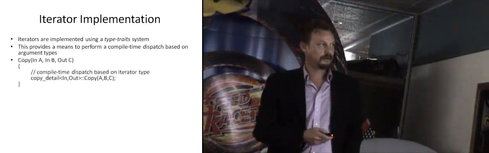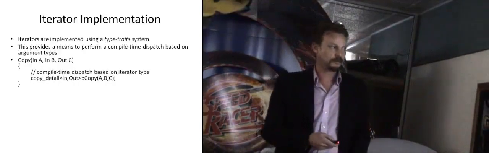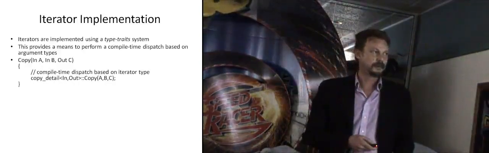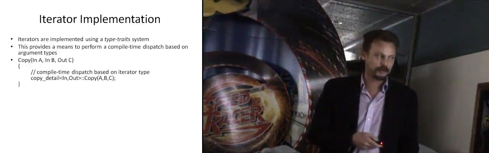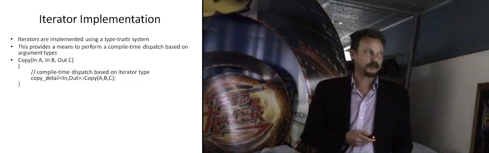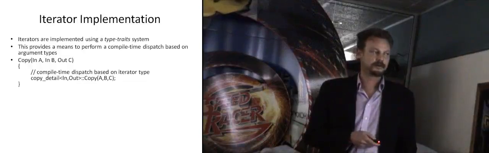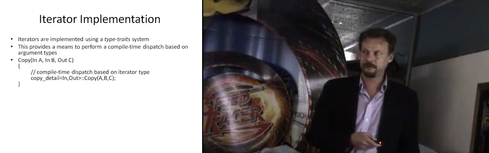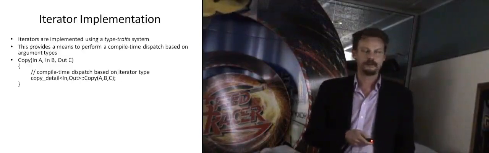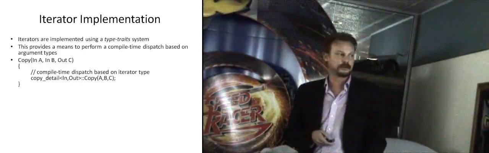So the implementation of the copy algorithm takes iterators. It's got an input iterator to specify the input range, and an output iterator to specify where to put the output.